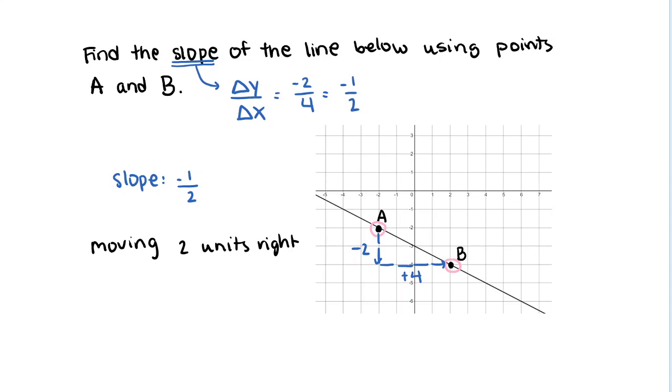Moving 2 units right corresponds to moving 1 unit down, to find another point on our line.